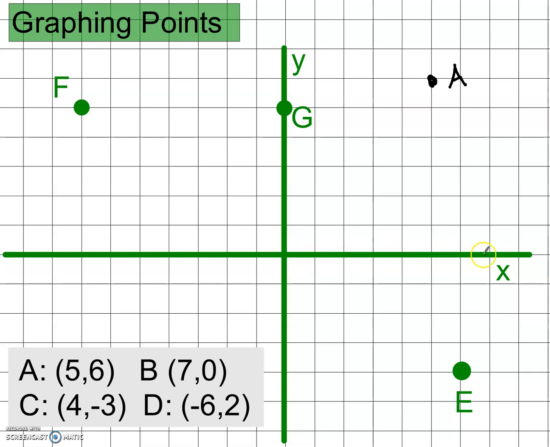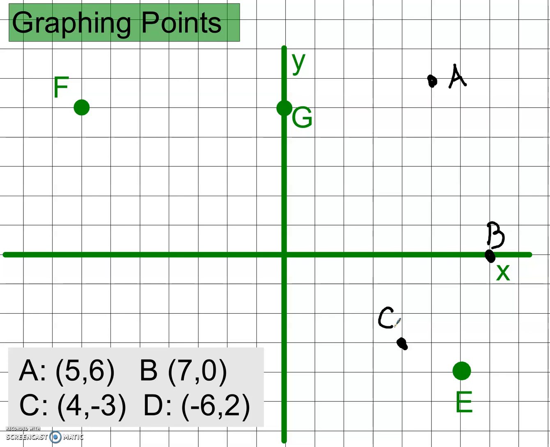What does the 0 mean? Well, it means don't go up, don't go down. Stay right there. Point C says go 4 to the right, and then the -3 means go 3 down. So we'll put point C right there.